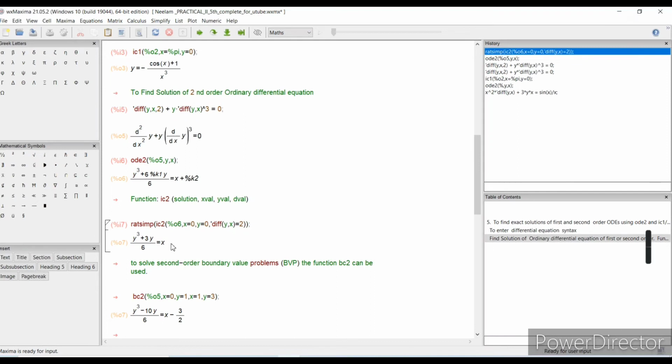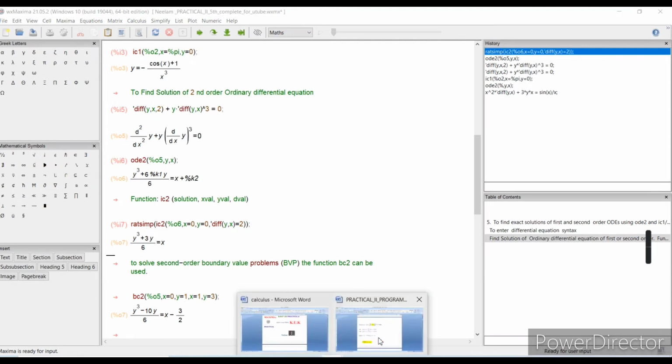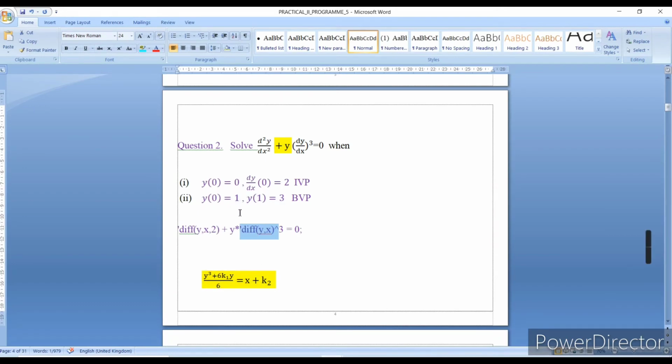You can practice more questions from the book. Here I also want to introduce boundary value problems. How do we find the constants in this case? I am taking the same second order differential equation, which you entered in the 5th input line, and I am changing the boundary conditions: y at 0 is 1 and y at 1 is equal to 3.